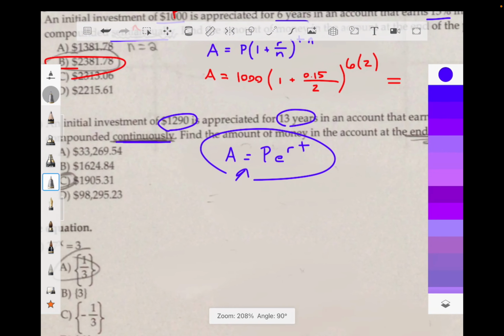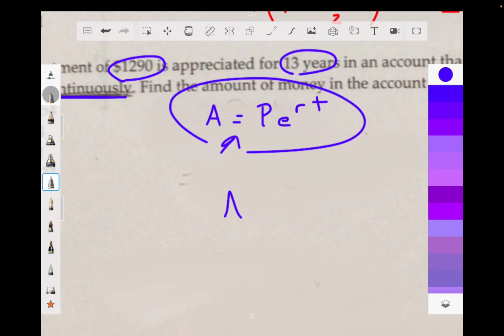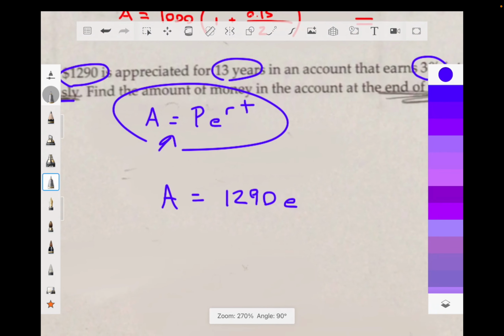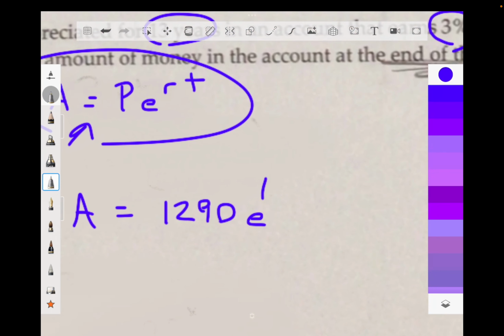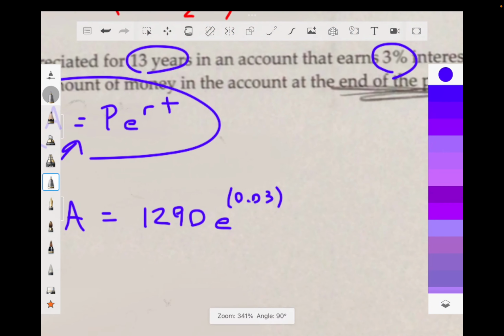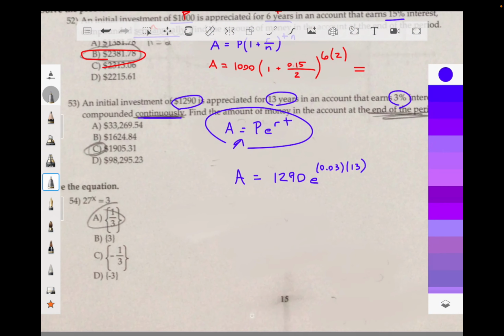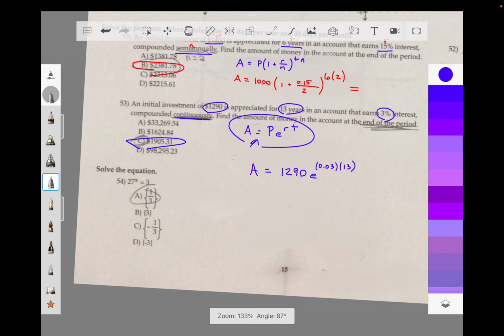So it's going to be A equals 1290 times e to the 0.03 times 13. Plug it into your calculator, and I'm assuming you get this.